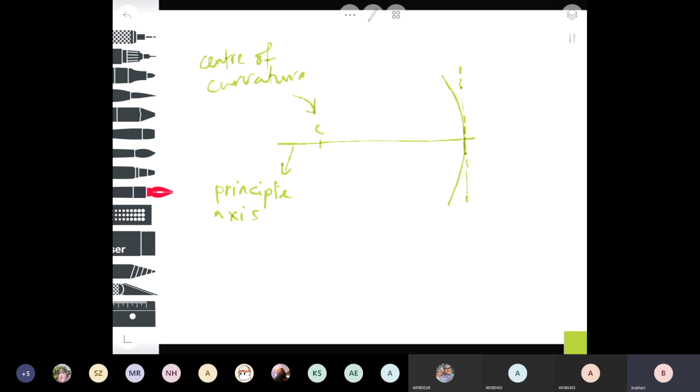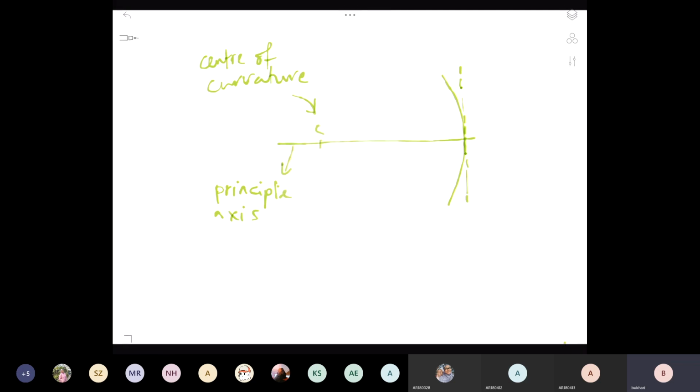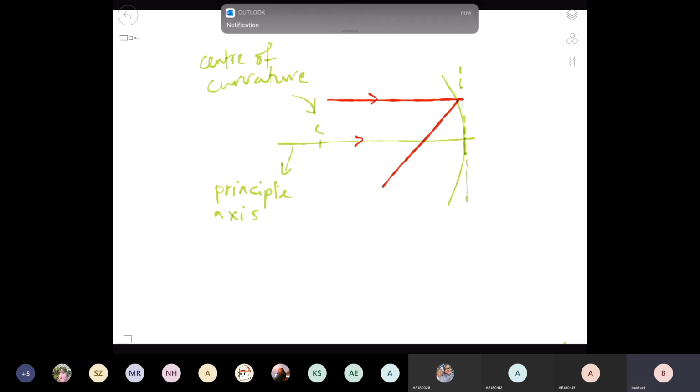Okay, and then we are going to consider beam of light. Okay, let's say we have a beam of light which is parallel to the principal axis, like this. Okay, and it will be reflected. It will be reflected, something like this.